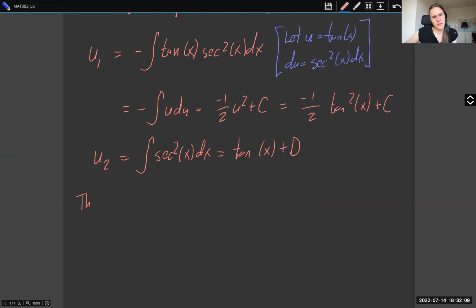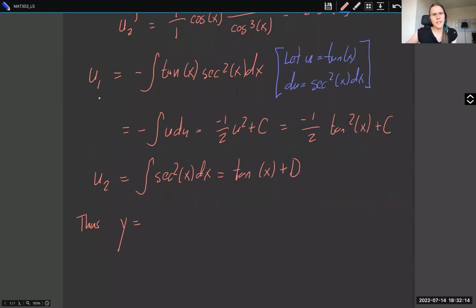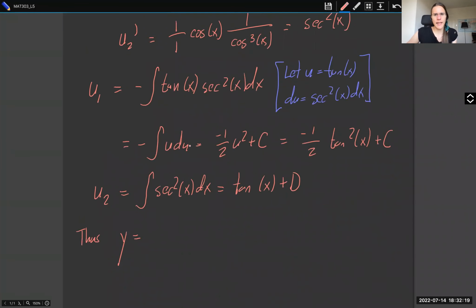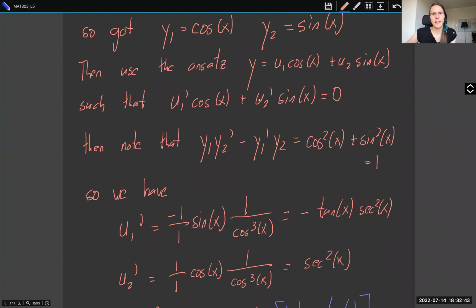Thus, y is equal to, well, u1 times y1, and my y1 is cos x. So I get negative 1/2 tan, which is sine squared over cosine squared, and I'm multiplying by cosine. So I get sine squared x divided by cosine x. And then here I have sine over cosine, and I'm multiplying by sine.